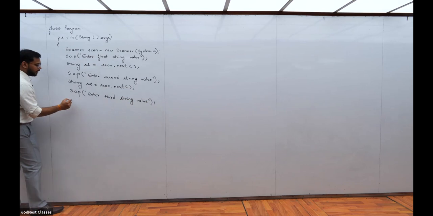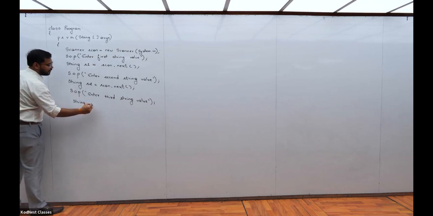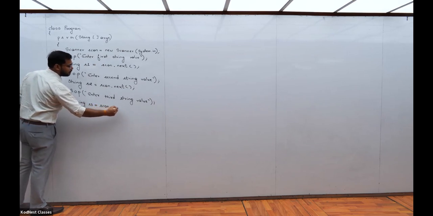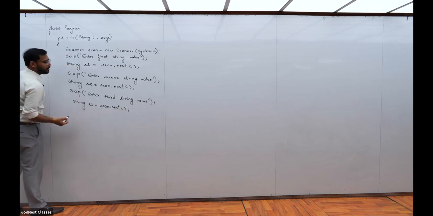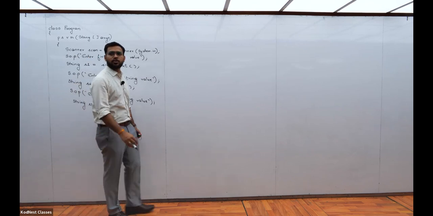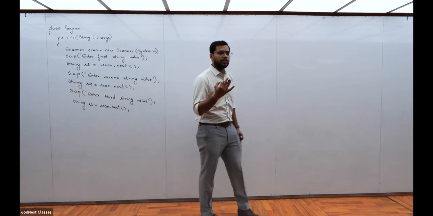And then here I will write String s3 = scan.next(). So now what will happen? Total how many strings are we reading from the user? Total 3 strings we are taking from the user.